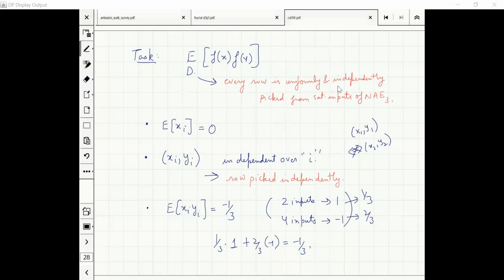Stability is basically -1/3 correlated. These 3 things are in some sense pointing to the fact that Xi and Yi are -1/3 correlated. In other words, because of the second point, X and Y are -1/3 correlated.